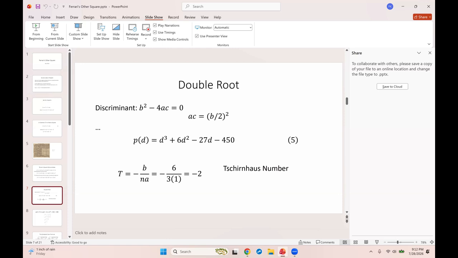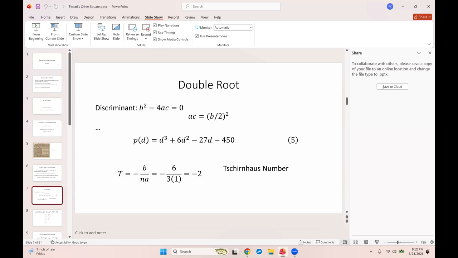Now, if you do that and calculate what corresponds to that equation and simplify, I've done that for you, and you get this polynomial P of D, a cubic.